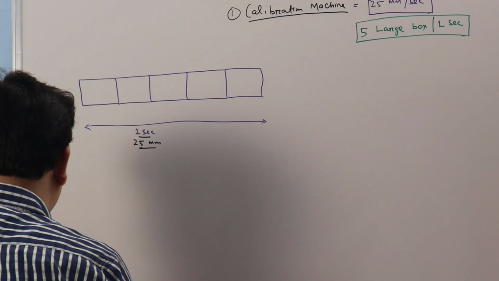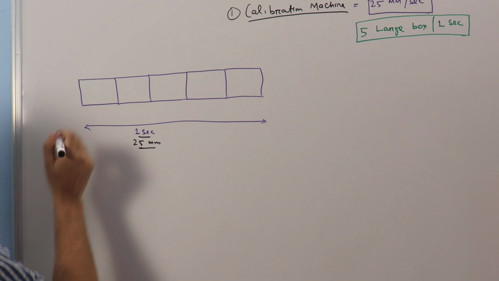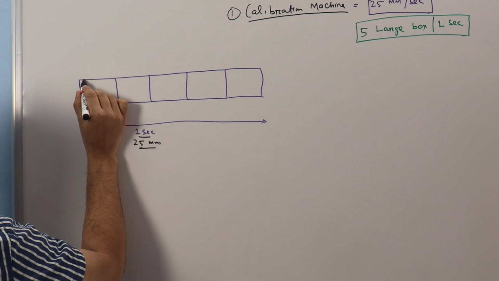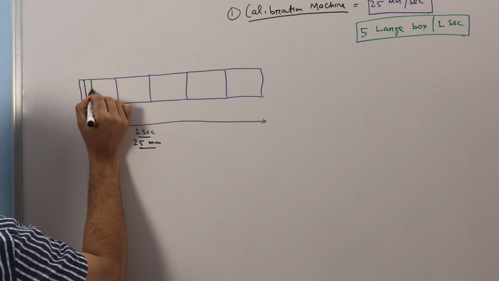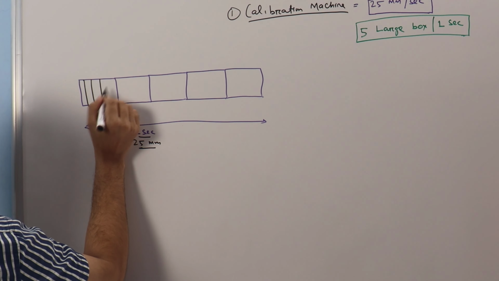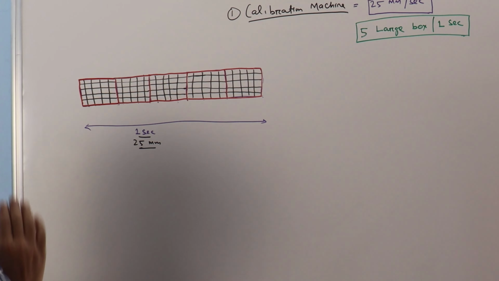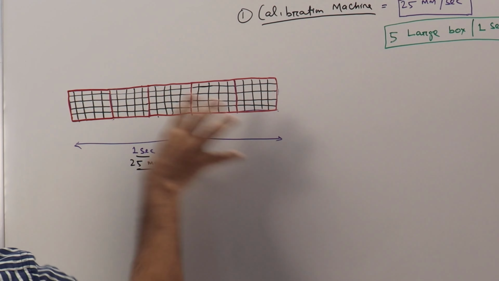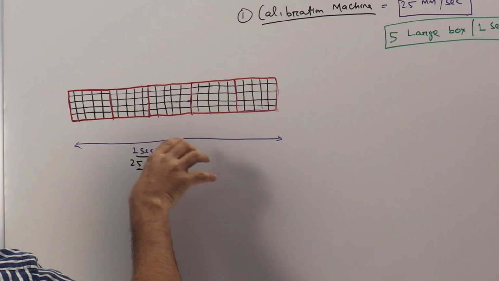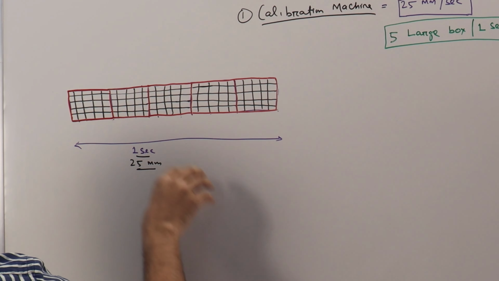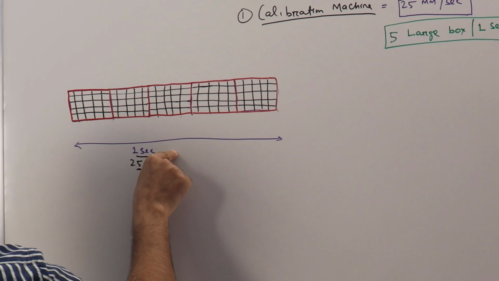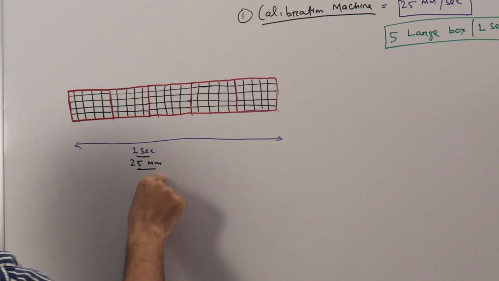And each large box is further divided into 5 small boxes: 1, 2, 3, 4, 5. So these 5 large boxes are traveled by the ECG strip or ECG stylus in 1 second. That is equivalent to 25 millimeter.